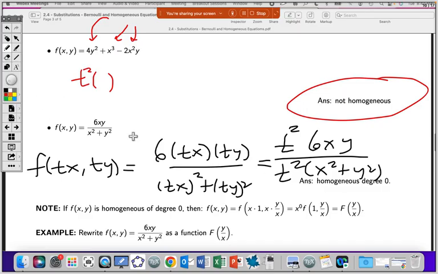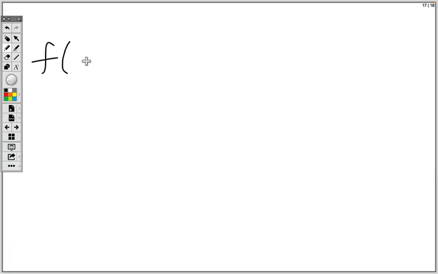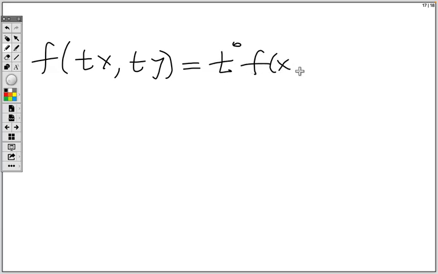So here the t's from the numerator completely cancel out the t's from the denominator. And so I could say this is homogeneous of degree 0, meaning that f of tx ty equals t to the 0 f of xy, or I can think of t to the 0 being 1.